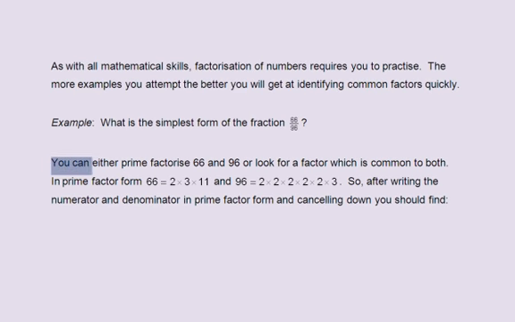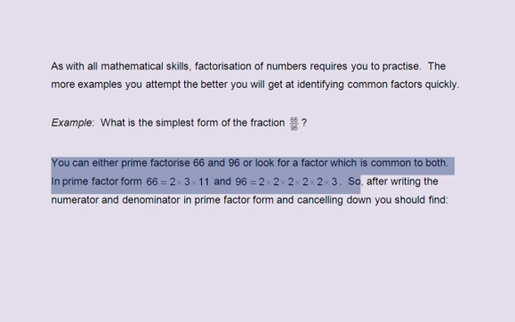You can either prime factorise 66 and 96, or look for a factor which is common to both. In prime factor form, 66 equals 2 multiplied by 3 multiplied by 11, and 96 equals 2 multiplied by 2 multiplied by 2 multiplied by 2 multiplied by 2 multiplied by 3.